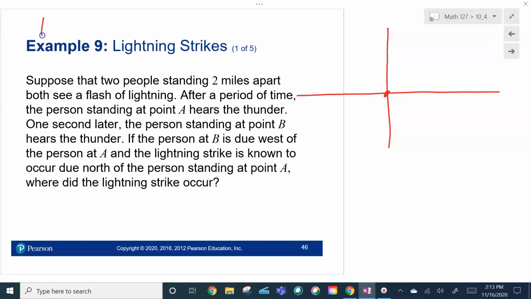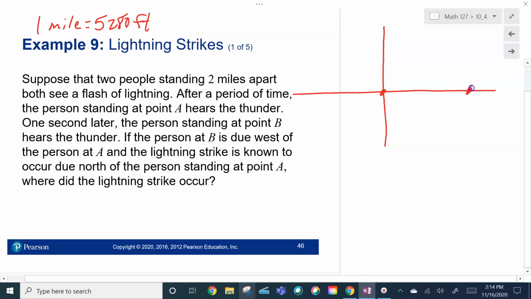Now 1 mile is 5280 feet. I'm going to call this person A. So they're 1 mile from the center. The other person here, person B, is a mile away because they're a total of 2 miles apart from each other.